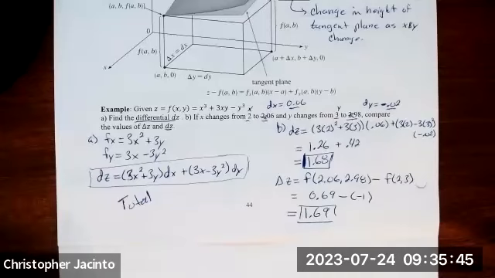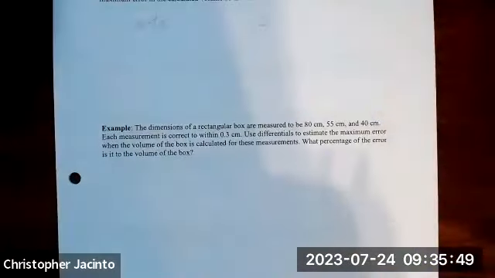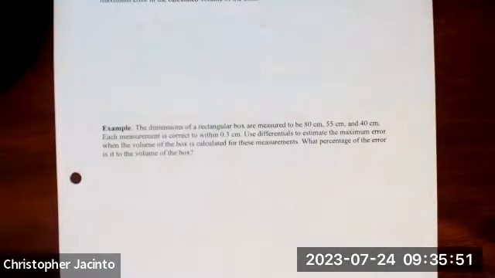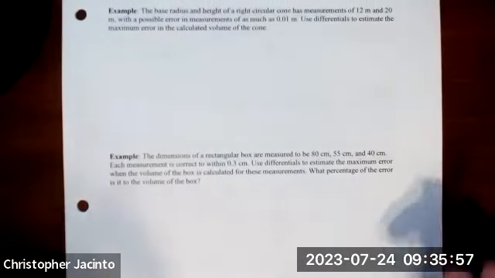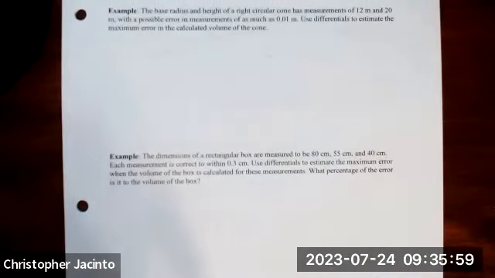So why don't we do some applications based off this? So you can see how this is actually done in the life scenarios. Okay. So we have a couple examples before we go on. Two very interesting examples.